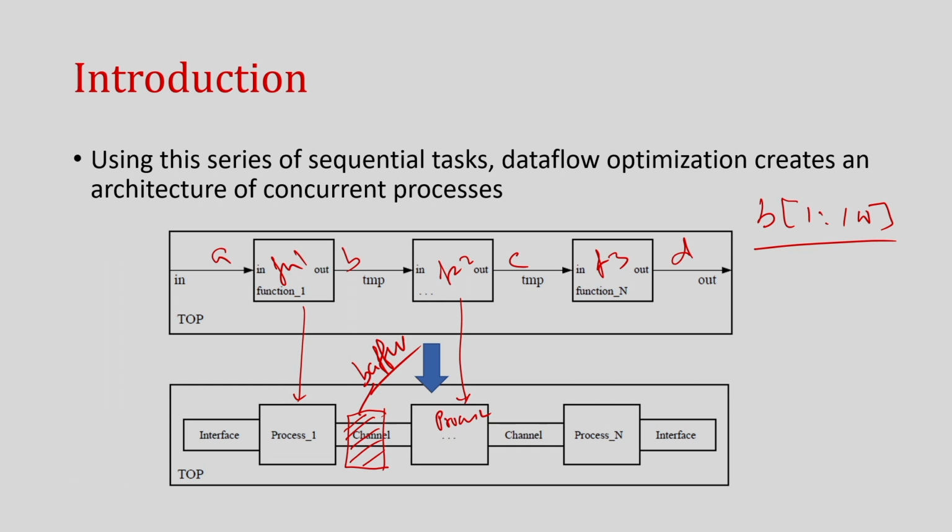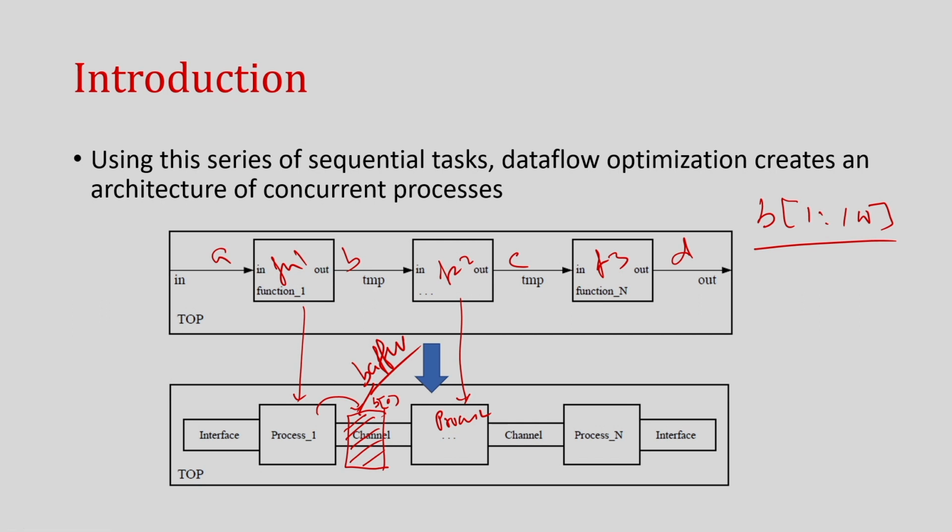So, what is going to happen here is that process 1, which is equivalent to function 1, produces the data, say B in the order B0, B1, B2, B3 and so on. Whenever B0 gets produced, B0 will come here, and this process understands that some data came, and there will be some way to check whether data is available or not.